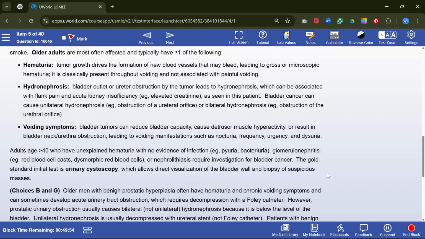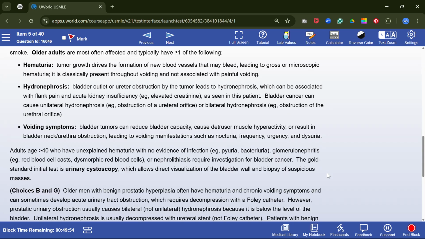Bladder tumor can reduce the bladder capacity, can cause detrusor muscle hyperactivity, or result in bladder neck or urethra obstruction, leading to voiding manifestations such as nocturia, frequency, urgency, dysuria.